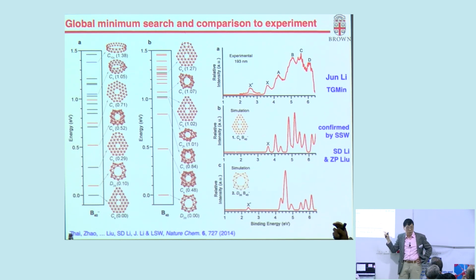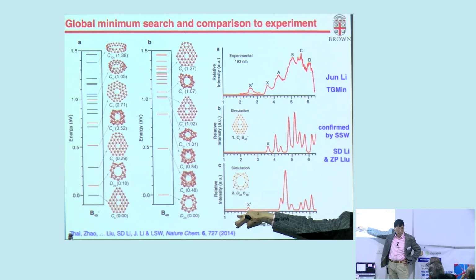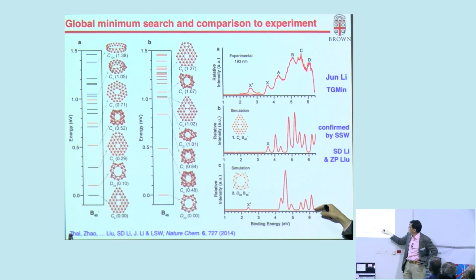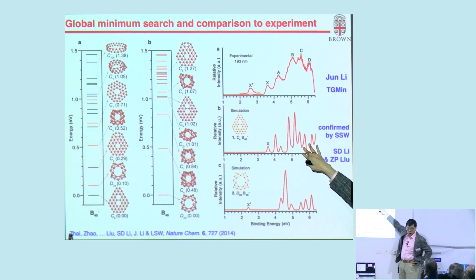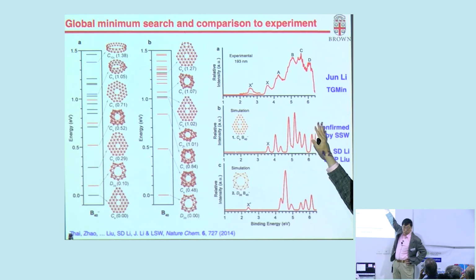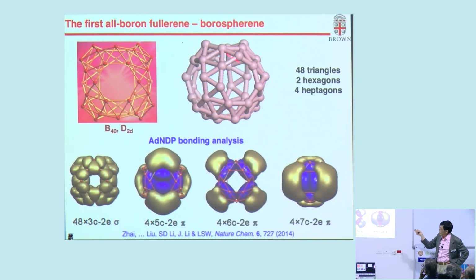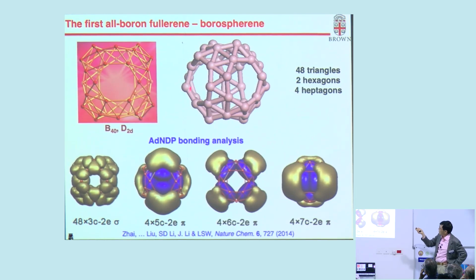That means the cage is extremely stable electronically. In the anion, you put the electron in the LUMO, which is unstable, so that makes the anion of the cage less stable. This is the planar structure with a double hexagonal hole, which agrees with the majority of the spectrum.